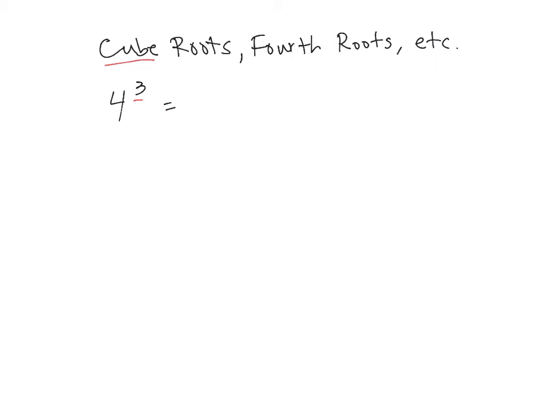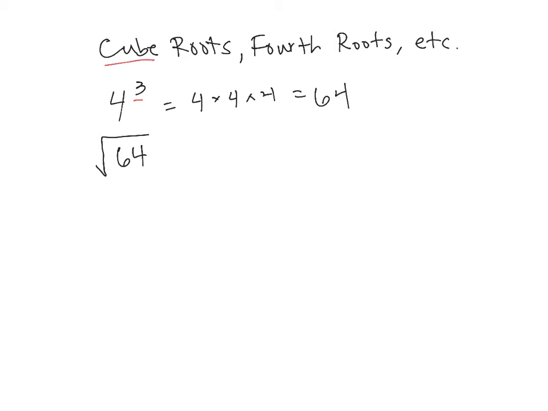And what that means is 4 times 4 times 4. If I multiply those together, 4 times 4 is 16, and 16 times 4 makes 64. So 4 to the power of 3 would make 64. Similarly, I could have a problem that looks like a square root, where I have 64 on the inside.